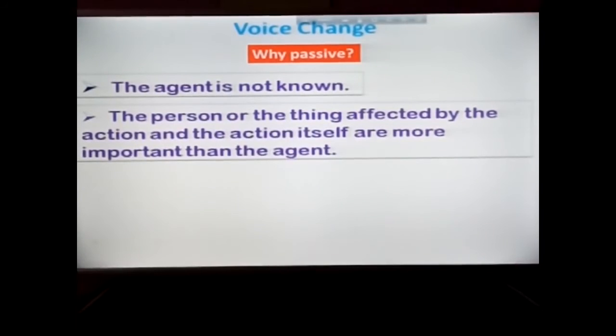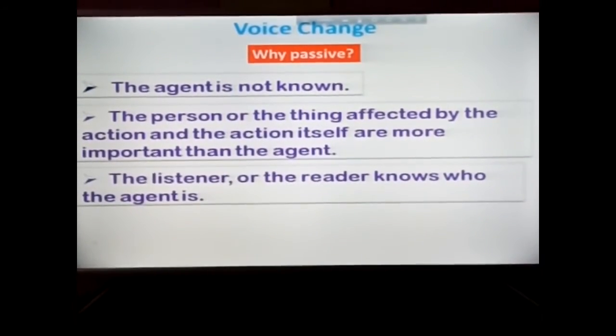Okay, you use a passive sentence, and these are the two most common situations in which the native English speakers use passive sentences. Okay, next, a native English speaker or writer uses a passive sentence when the speaker or the writer believes that the reader or the listener very well knows who the agent is.